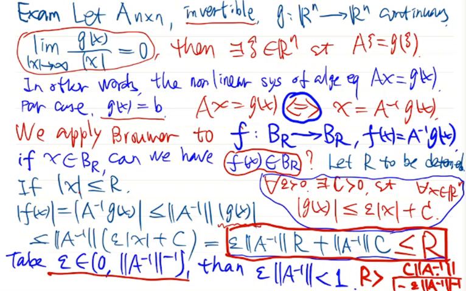Therefore, f is a map from the ball to itself, and we apply the Brouwer fixed-point theorem to obtain a fixed point of the map f. The fixed point is a solution of our nonlinear system of algebraic equations Ax = g(x). Okay, so this is the application of the Brouwer fixed-point theorem.